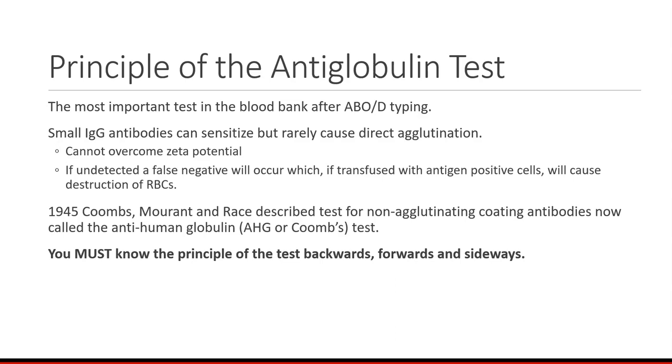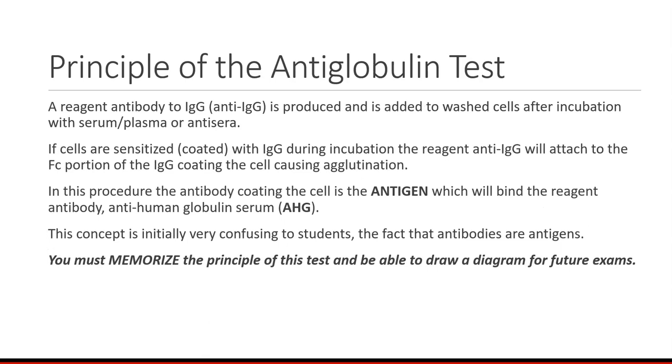You must know the principle of this test backwards, forwards, and sideways. It is the foundation of testing in the blood bank that will identify clinically significant antibodies and prevent potentially fatal transfusion reactions. A reagent antibody to IgG, which is called anti-IgG, is produced and is added to washed cells after incubation with serum, plasma, or antisera, which uses the AHG test.